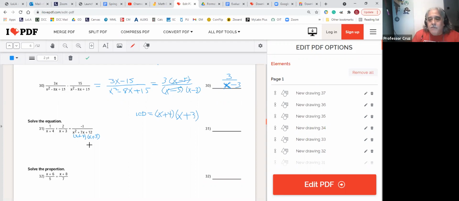All right, now remember, when you're multiplying by the LCD, you're multiplying by the LCD over 1. All right?